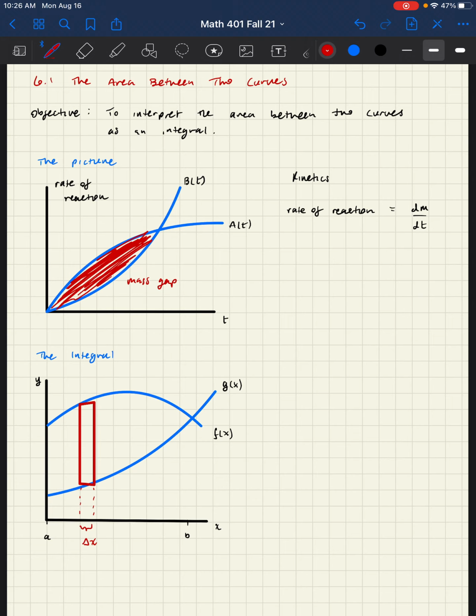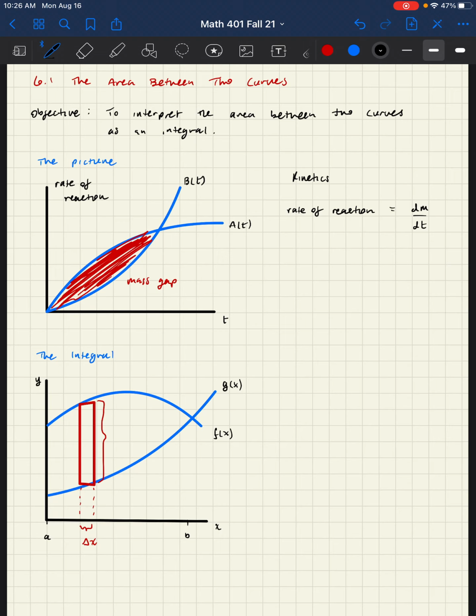And we're going to have the height be the difference between f of x and g of x. But how do we know what x to pick out?